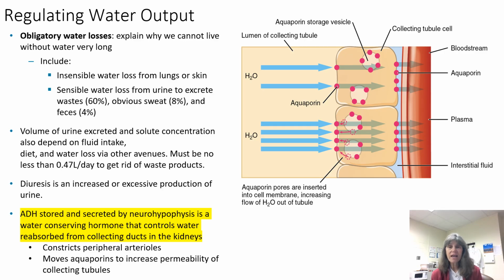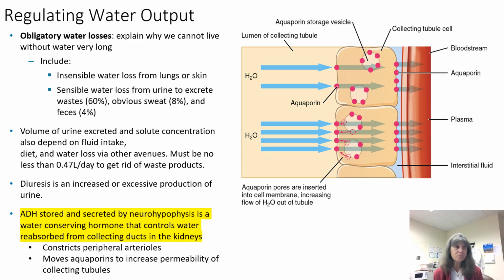And depending on how much antidiuretic hormone is available, that could increase the number of aquaporins that are inserted on the lumen of the surface of the cells that face the collecting tubules.